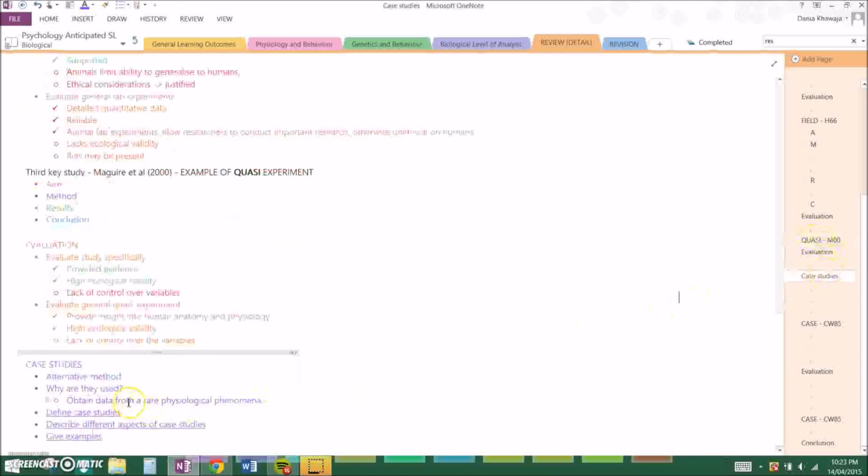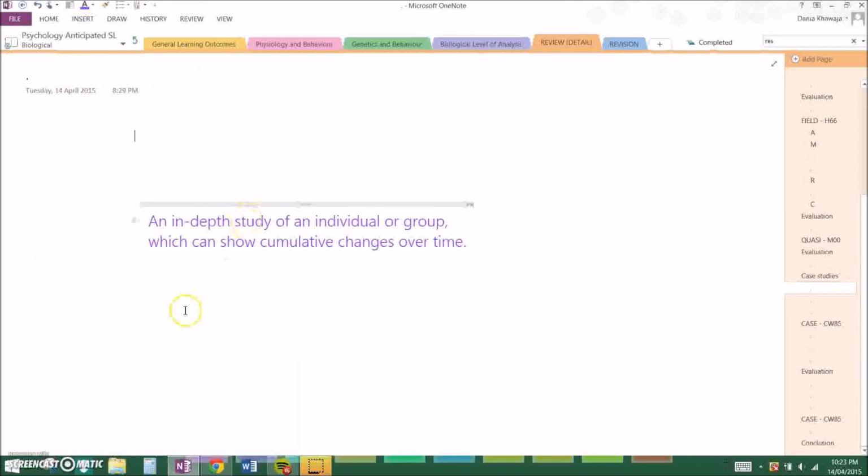Now, case studies is an alternative method which researchers use at the biological level of analysis, and they are used to obtain data from a rare physiological phenomena. Case studies can be defined as an in-depth study of an individual or group which can show cumulative changes over time.